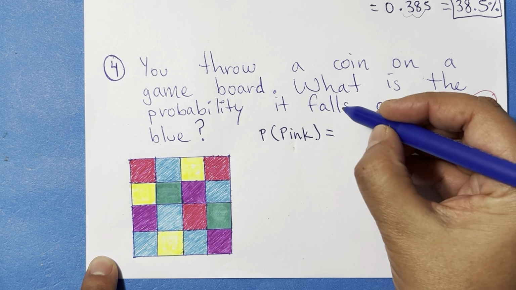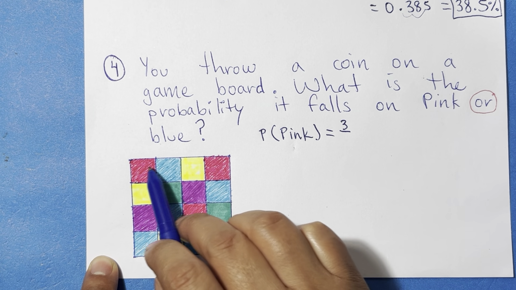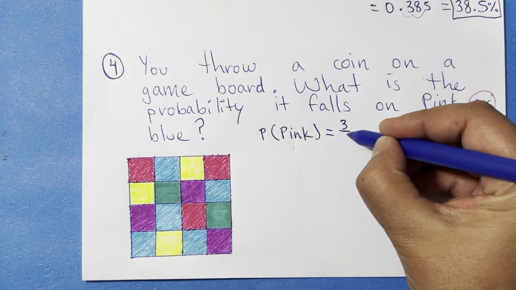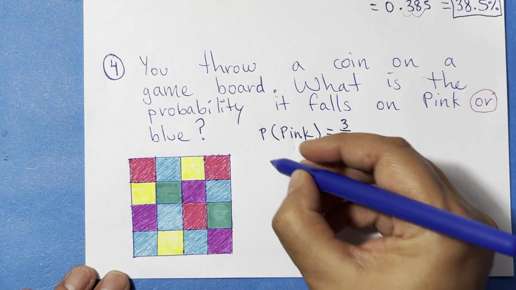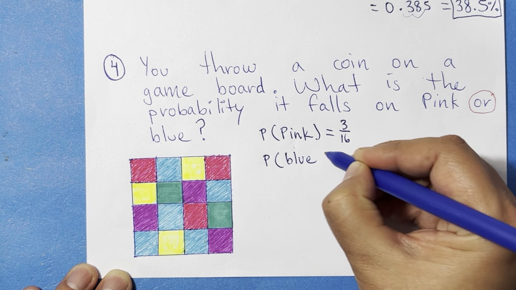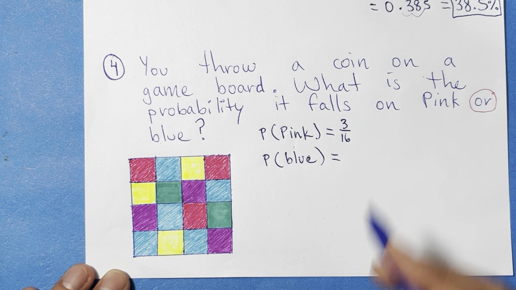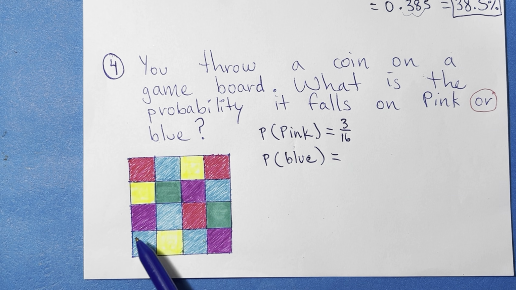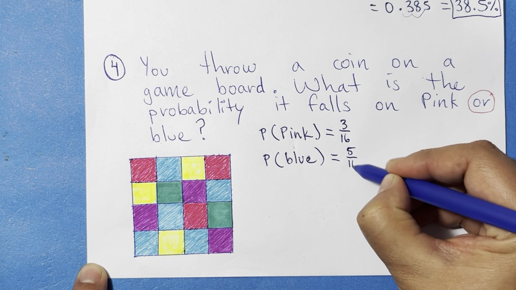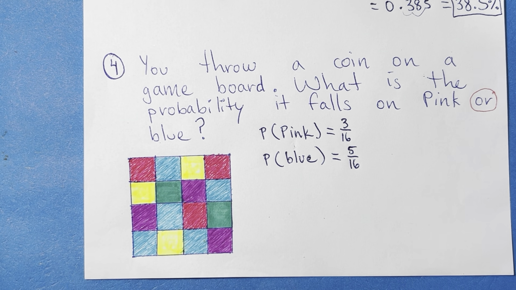It's 3 out of, well, this game board has 4 times 4 squares, which is 16. So 3 out of 16. What is the probability that you get the coin on a blue square? So it's 1, 2, 3, 4, 5 out of 16. And there is no such thing as overlapping for pink and blue, right?